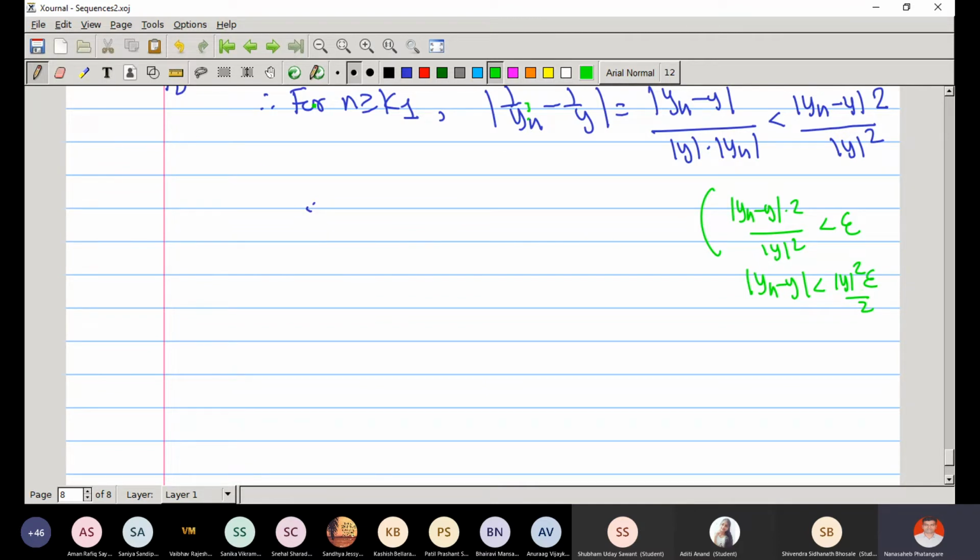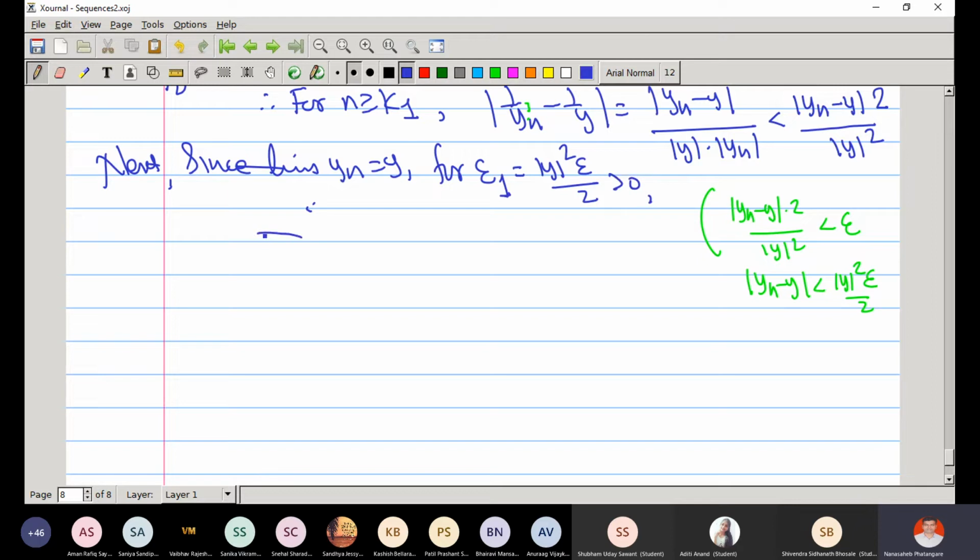Okay. So what is the next step? Since the limit of yn is y, for epsilon 1 equal to this particular number, right? So this number is well defined, correct? Because epsilon is known, y is known, which is the limit of yn. So for this positive number, what happens? Distance of yn from y is less than epsilon 1.